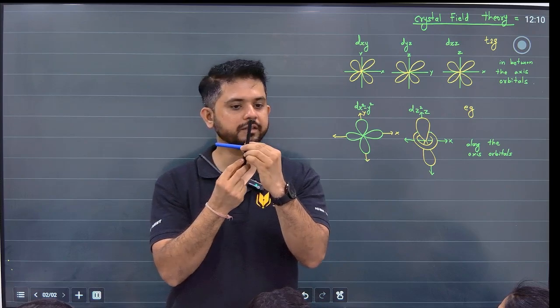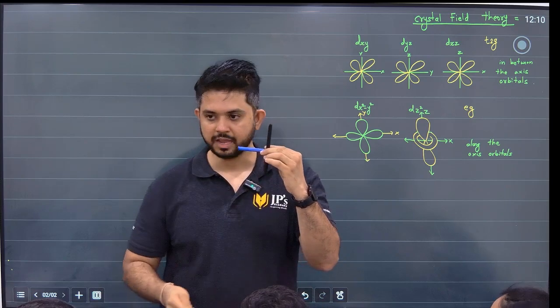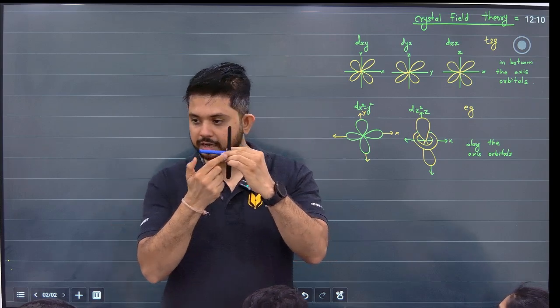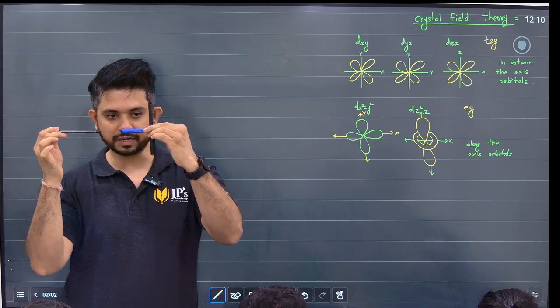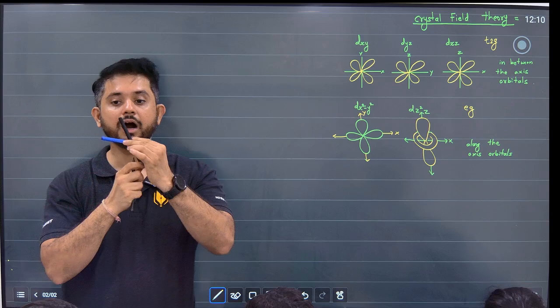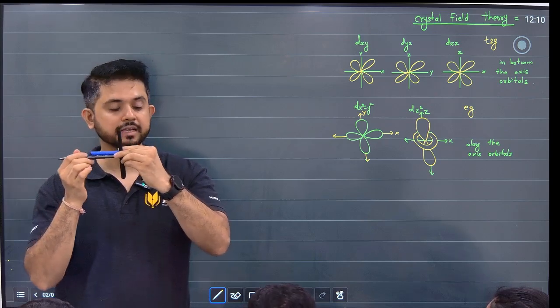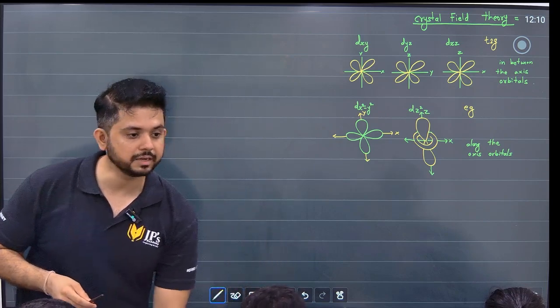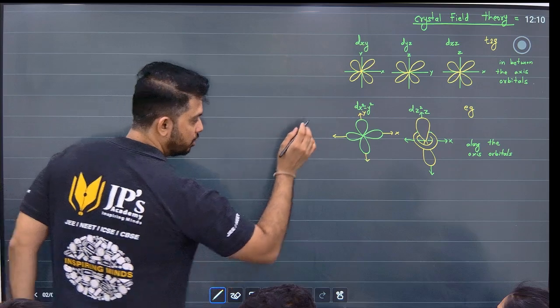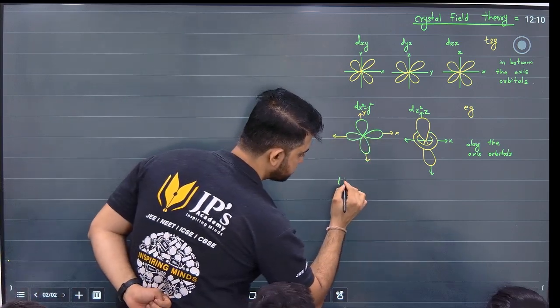The origin is where the metal is. So the ligand will approach the central metal atom from where? Along the axis. I repeat, ligands approach the central metal atom along the axis. Now, along the axis are which orbitals?